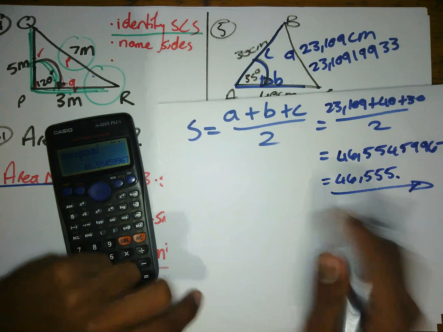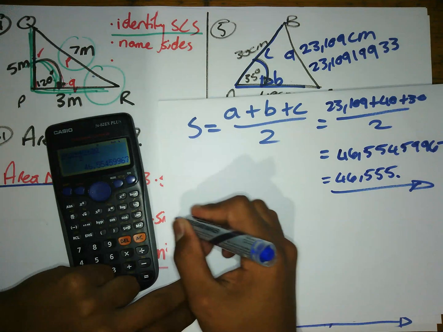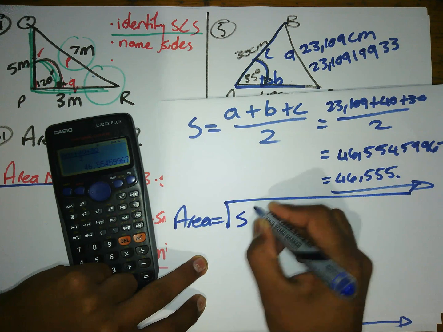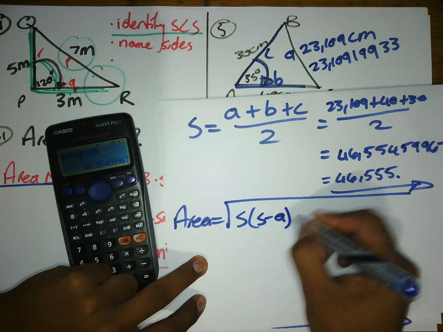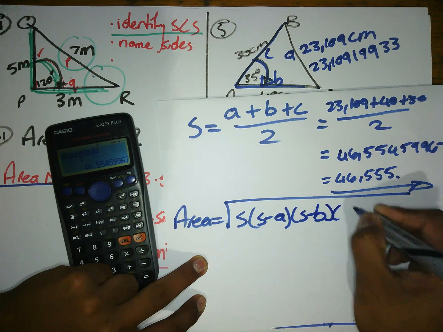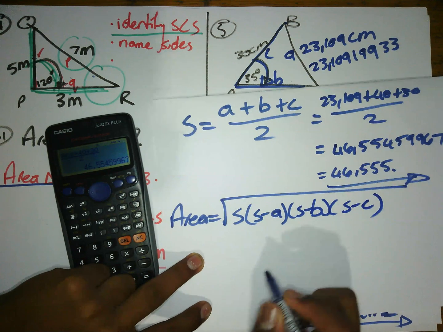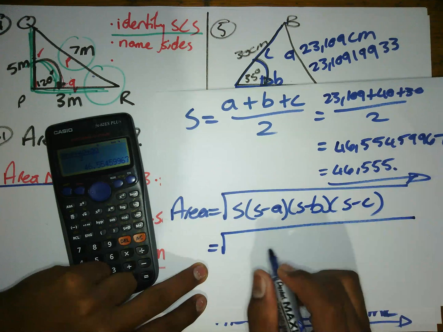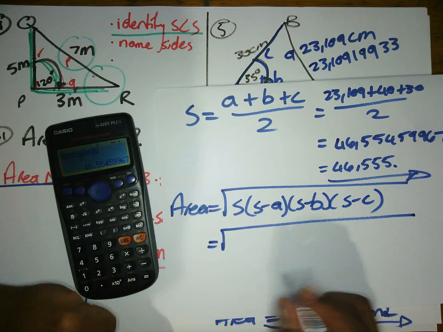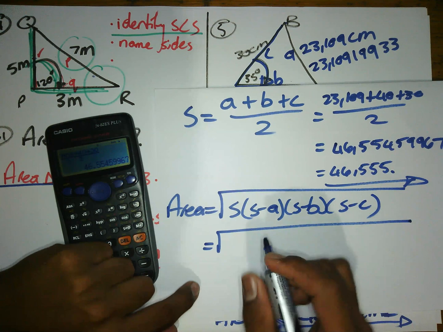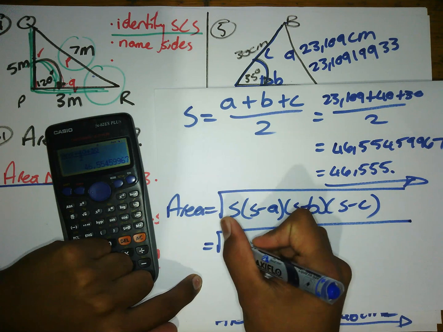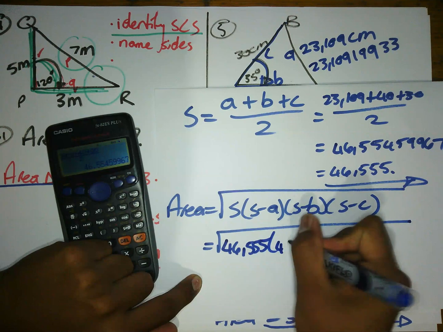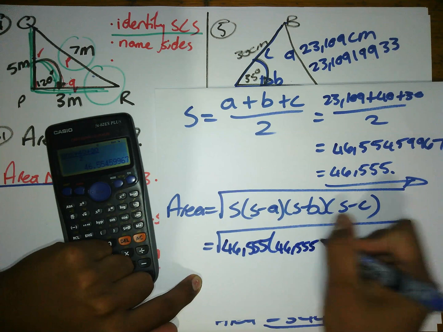then what I do is I substitute that area. This area equals the square root of s times (s minus a) times (s minus b) times (s minus c). My s value is a long number. I don't want to put it in nicely, but let's do it. 46.555 minus a.